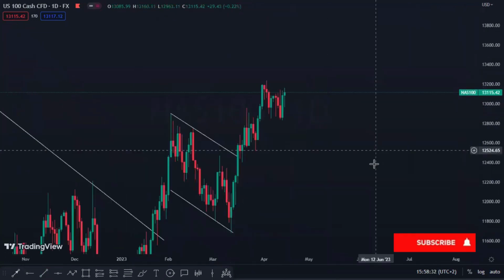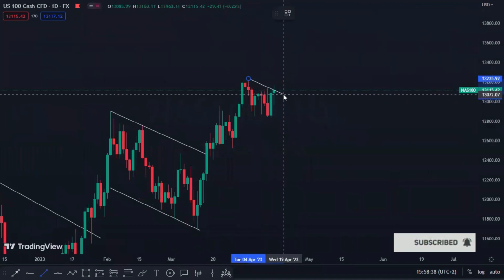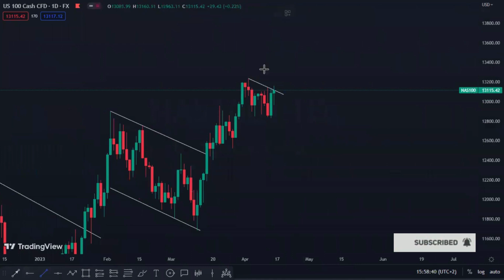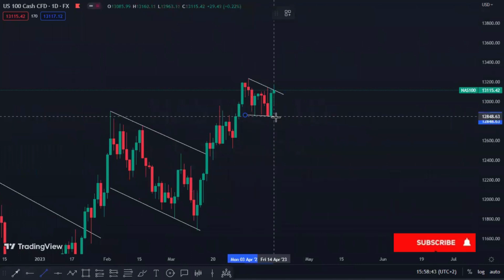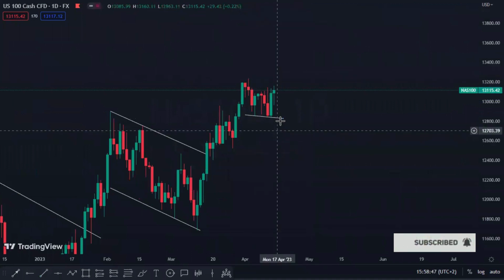Price is indeed inside a correction phase, which can be identified as a bullish flag.